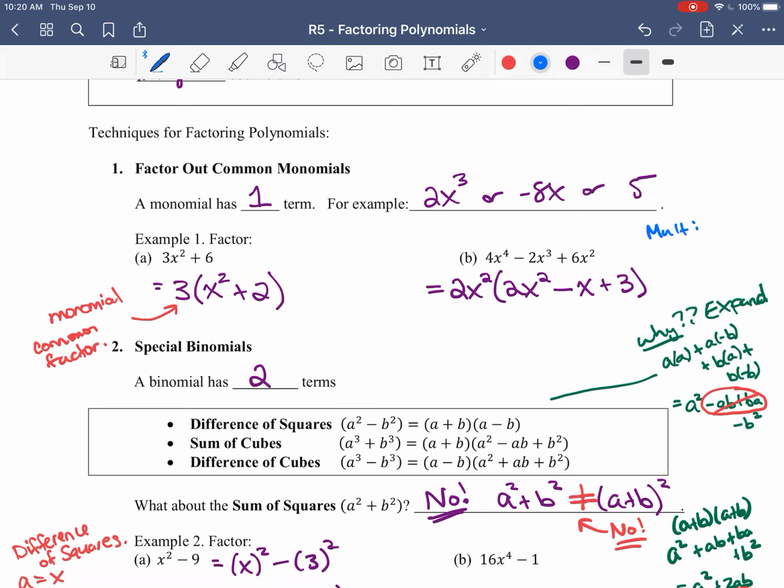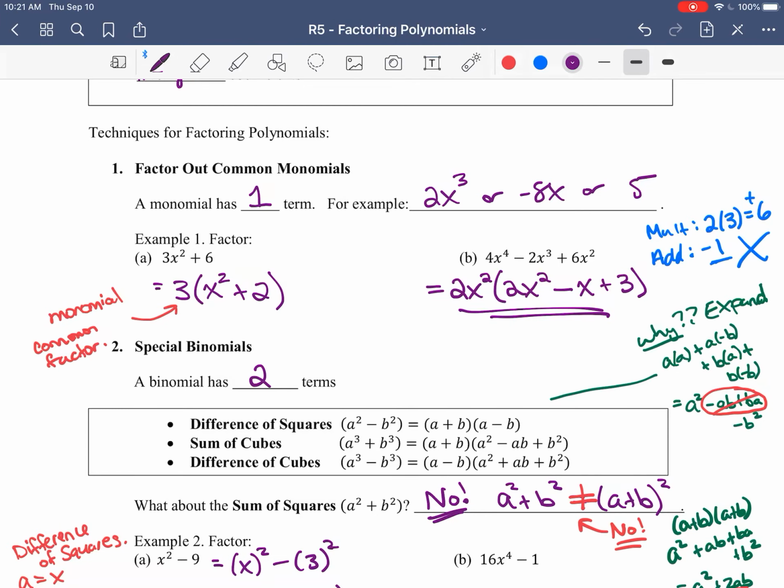So we want two numbers that multiply to 2 times 3, which is 6, and add to -1. Because this is positive 6, both of my numbers have to be positive, so there's no way that I can sum to -1. So there's no numbers there, so we can stop. This is fully factored for us right now in the course.